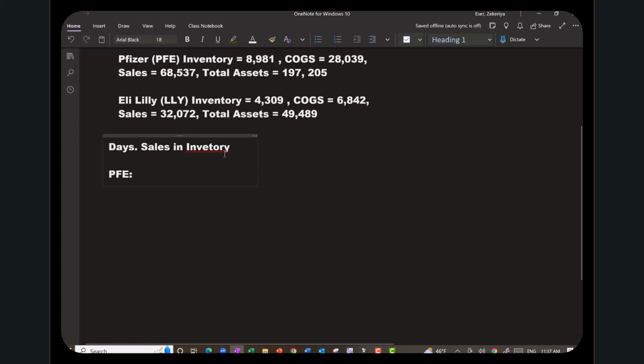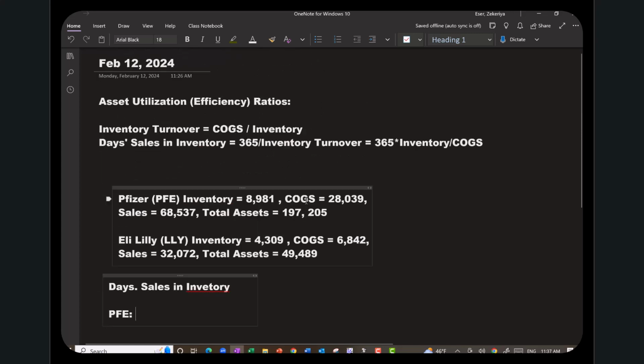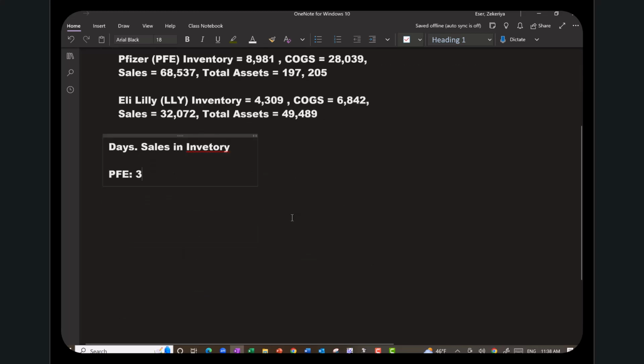we're going to take, let's remember the formula, 365 times inventory divided by cost of goods sold. So 365 times inventory for Pfizer is 8981 divided by cost of goods sold 28039.